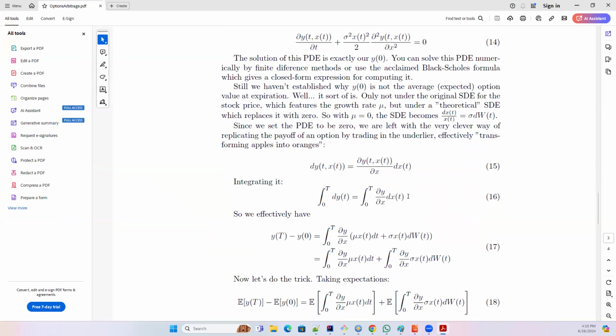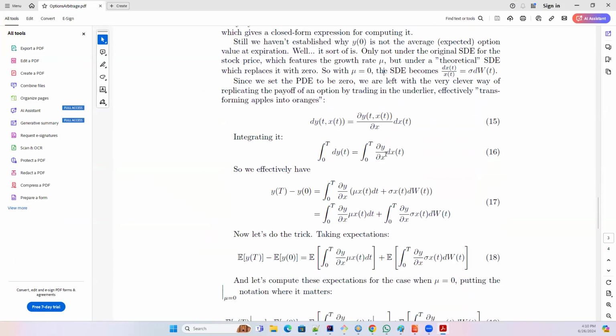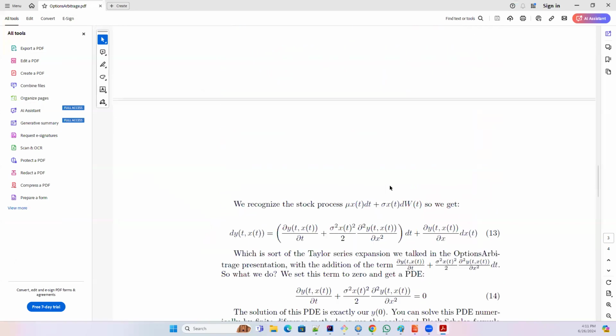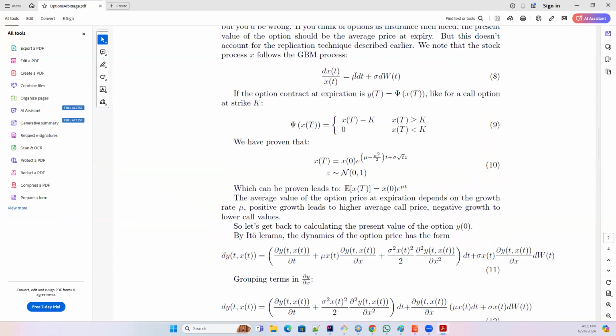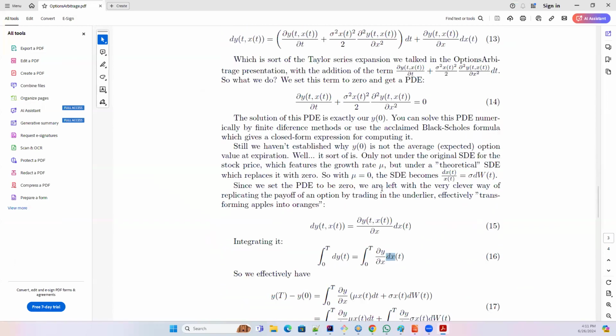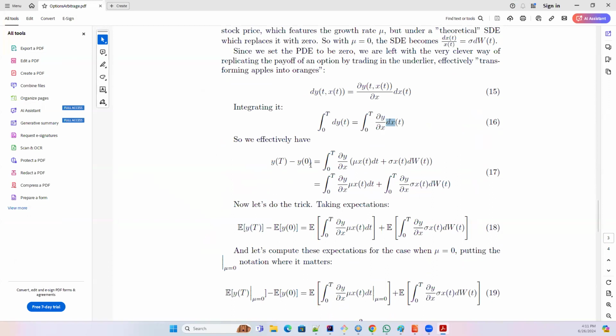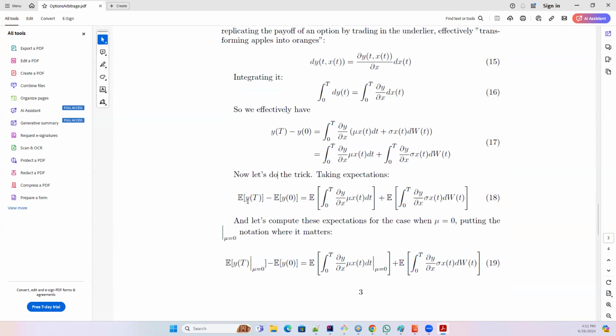We integrate it, and now we can expand the x. We replace the x with the full formula of the geometric Brownian motion for the stock process. Then, after a bit of manipulation, we are left with this. So the option price at expiry minus the current option price equals an integral of this plus an integral of this. And what we do is take expectations.